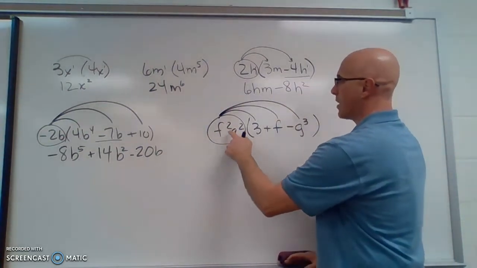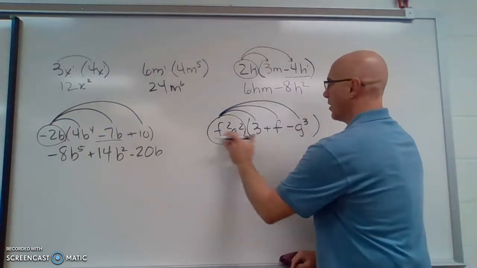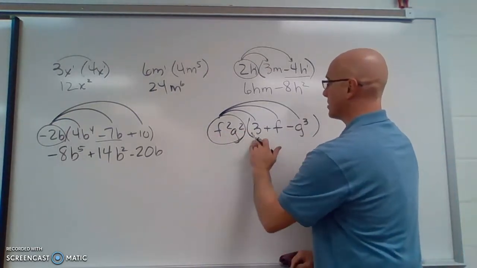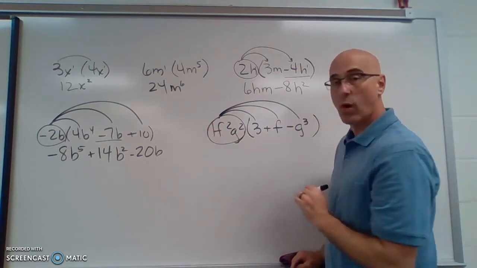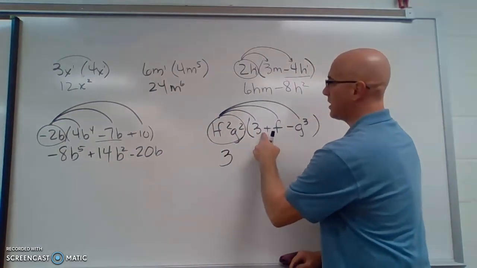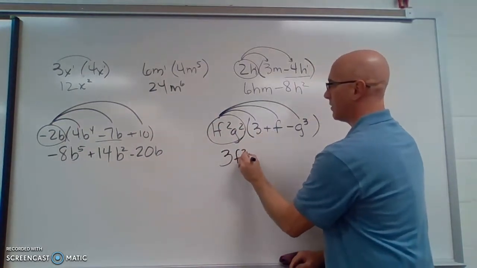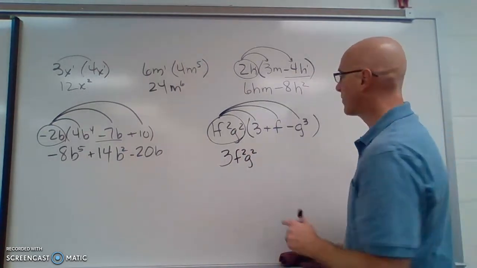So we have f squared g squared times 3. So we are going to multiply the coefficients. We just have a number here, and the assumed number there is 1. 3 times 1 is 3, and there's nothing here for us to multiply the variable by. So we're just going to keep that, f squared g squared.